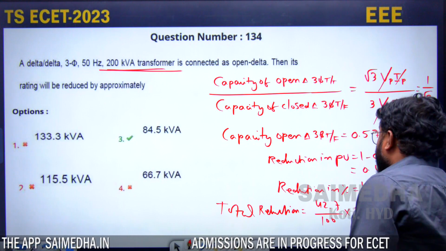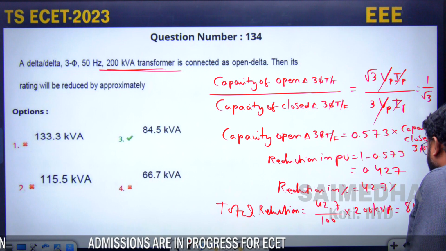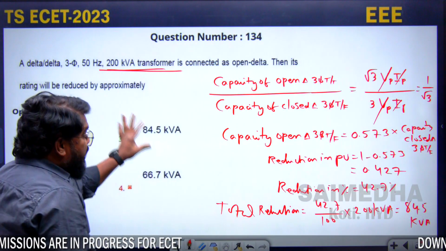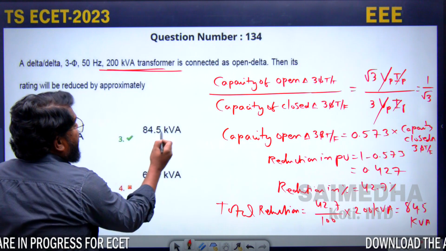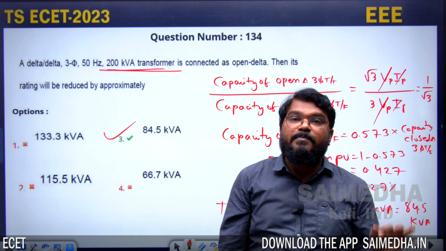So this value is equal to 84.5 kVA. So the answer for this question, the rating is reduced by approximately 84.5 kVA. So answer 3 is the correct for this question.